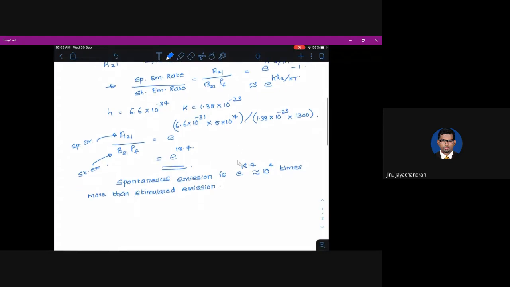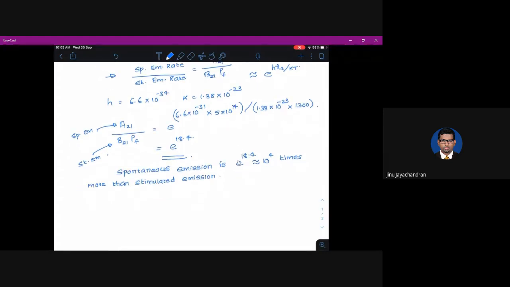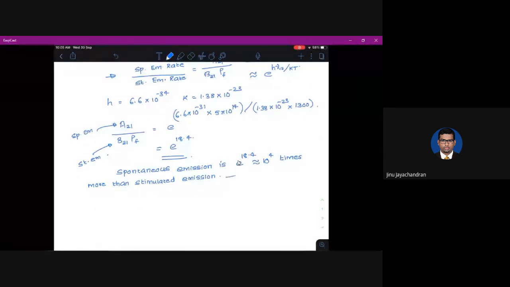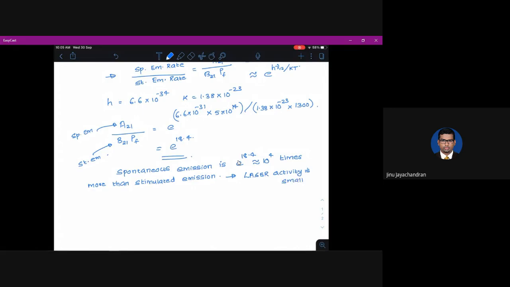Okay, the spontaneous emission is this high, which means that the laser activity is small, or you will get non-coherent light emission.